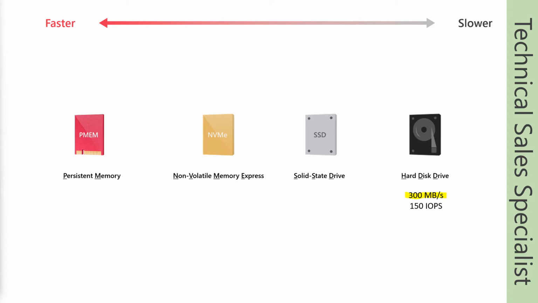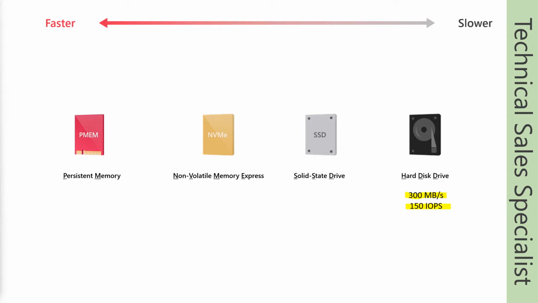If it comes to random I/O, we have 150 IOPS. This can be less than 1 megabyte per second if we have full random 4K block size. So this means a hard disk drive is powerful for sequential workload.